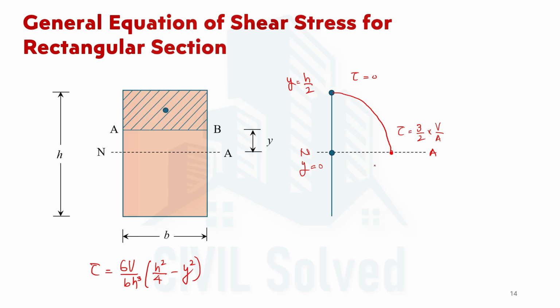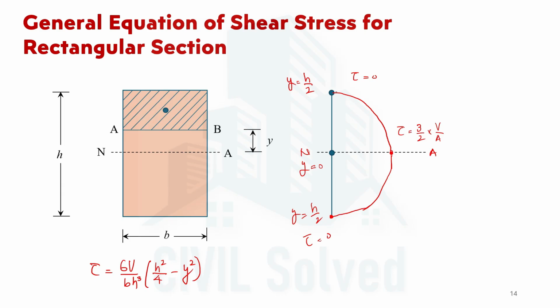Now I forgot to discuss that the variability below the neutral axis will follow the same way. When we are at this point, again, you can see that y will be equal to h by 2 and shear will be 0. So again the variability will be parabolic. So this will be the same parabolic curve until the end.